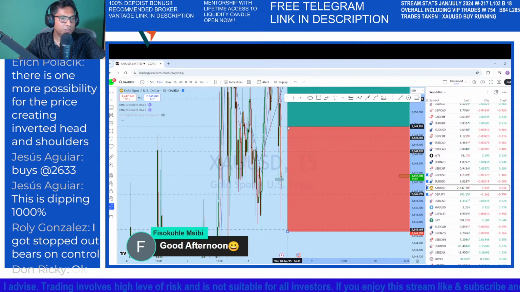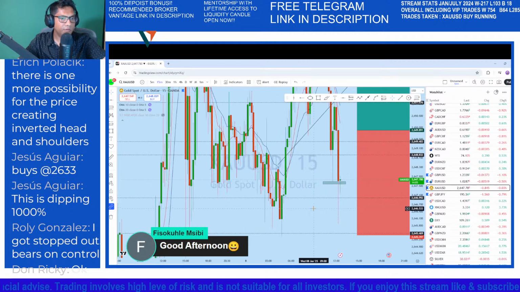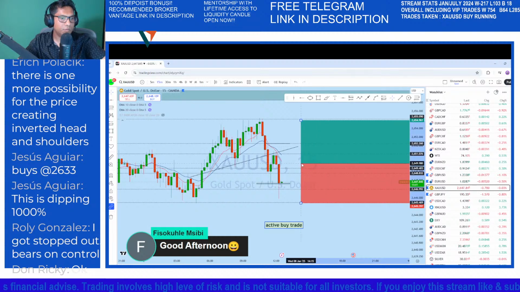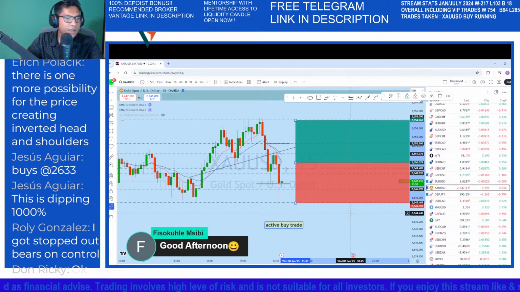So want to see the 15 minutes closed also with a candle with a long wick at the bottom.